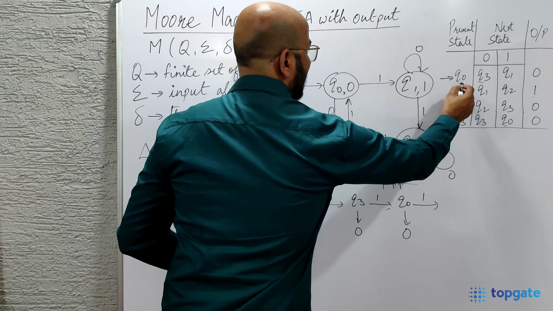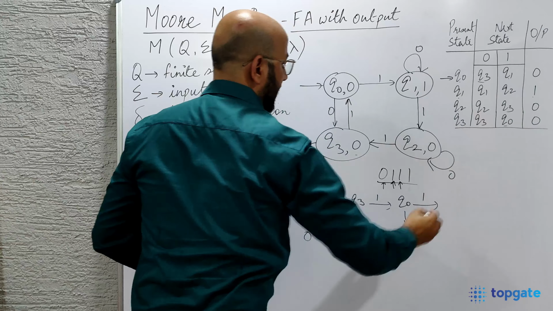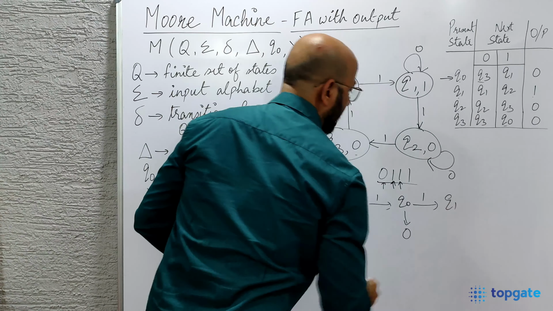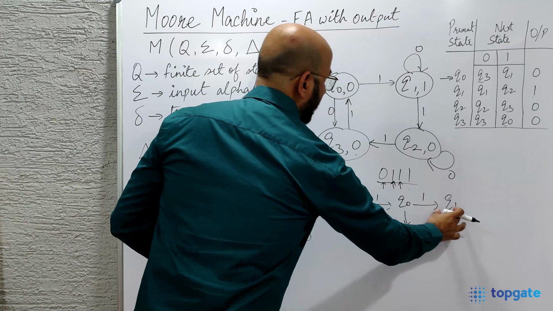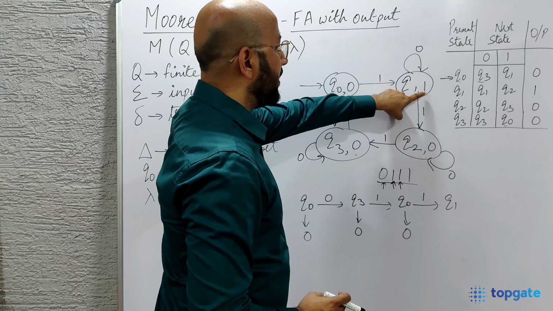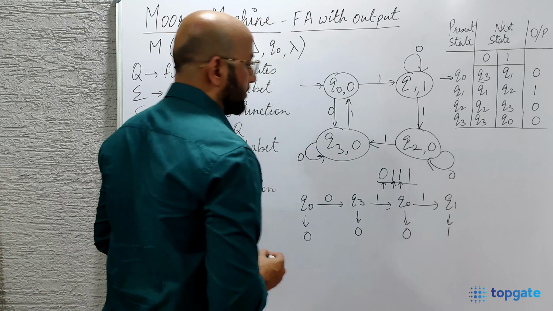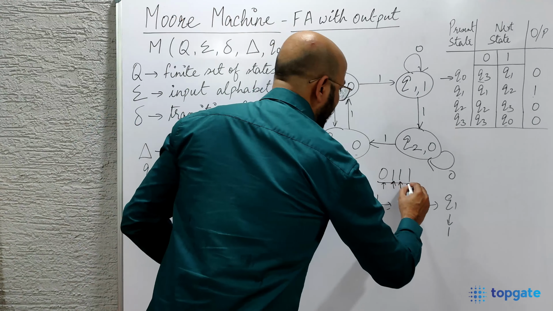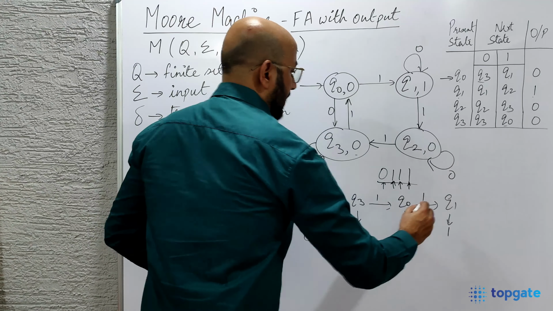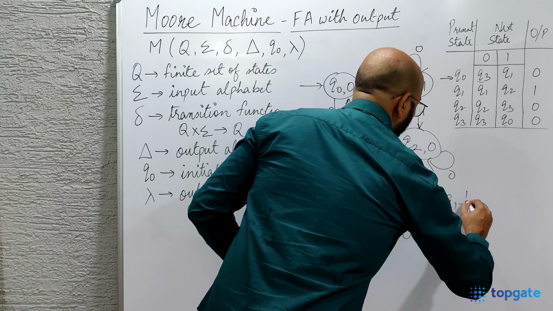So on Q0, when I apply 1, I'll move on to the state Q1. Clear? So on reaching state Q1, I know that with Q1, 1 output is associated. So straight away, I'll give 1 as the output here. Now the last input alphabet is 1, and I'll apply 1 on Q1.